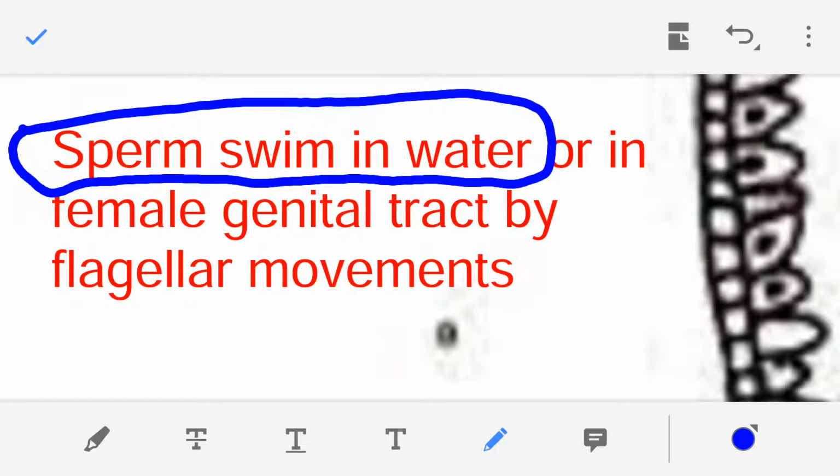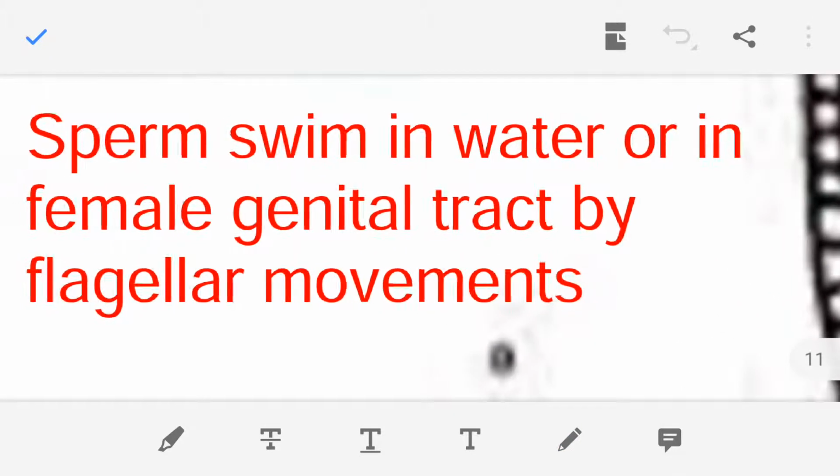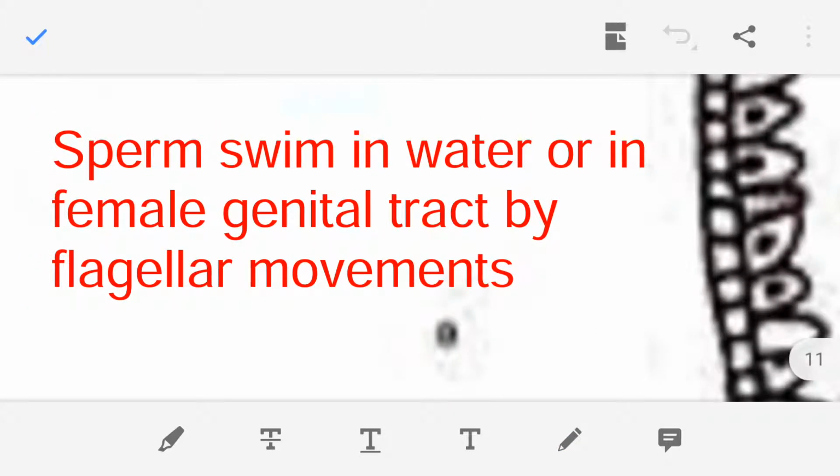Some of the animal species are aquatic, and they discharge their sperm directly in the water, and the sperm swim with their flagellum and reach the ovum. They fuse with the ovum, they fertilize the ovum, and a zygote is formed.